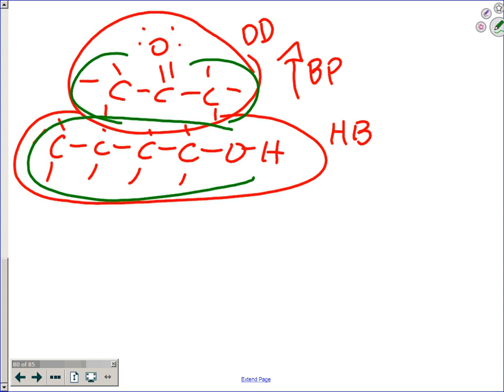And this kind of branched structure doesn't stack very well, so it's weaker in its IMFs. So basically if things can get closer, they're going to do a great job attracting. They're going to have a higher physical property, whichever one we're talking about. If things are branched and chunky, they don't get very close. They have lower IMFs. They have lower physical properties.